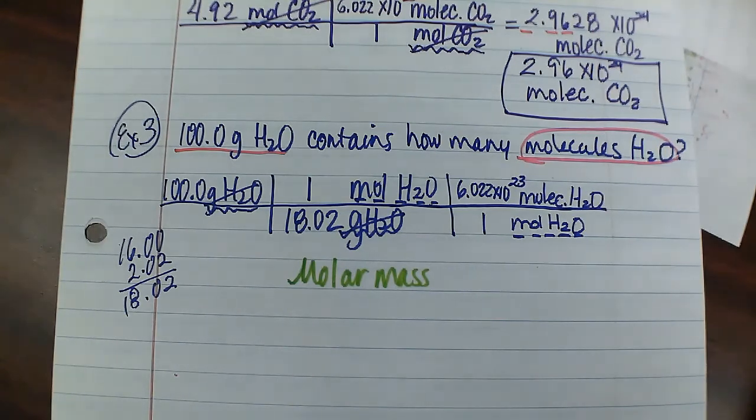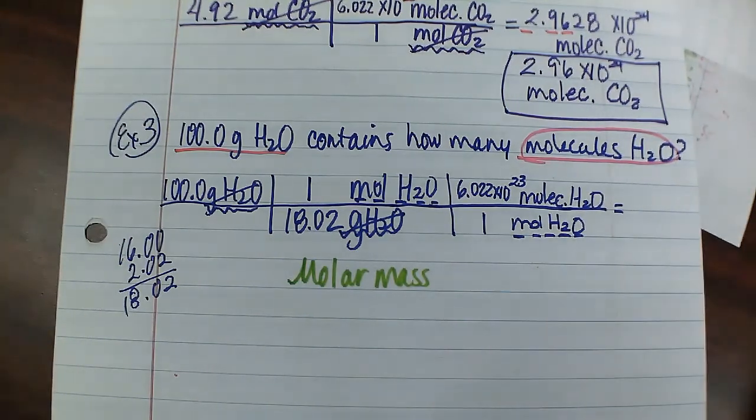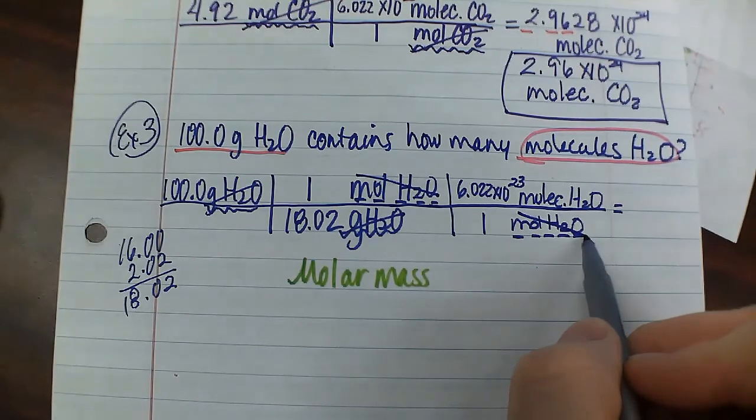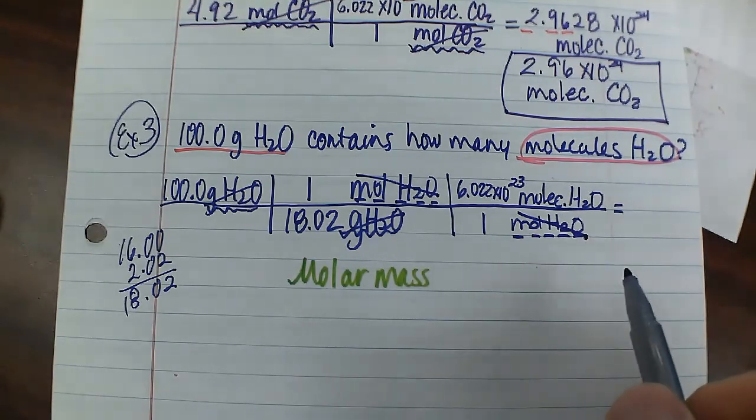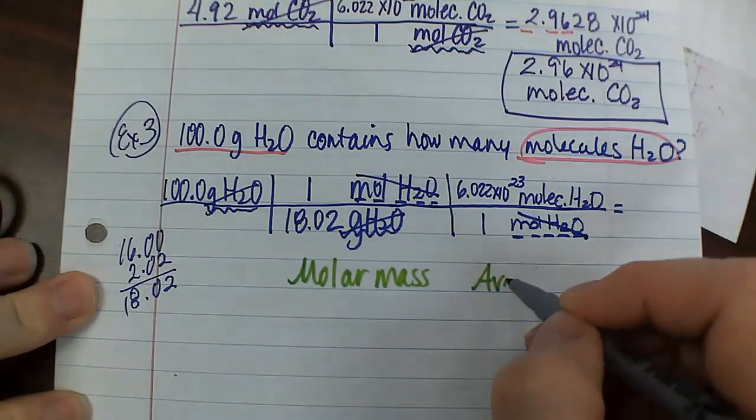All right, when you have that all written, put your hands down, please. And then my moles crosses out. And remember, this is Avogadro's number.